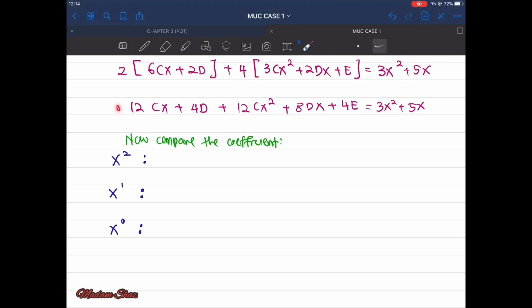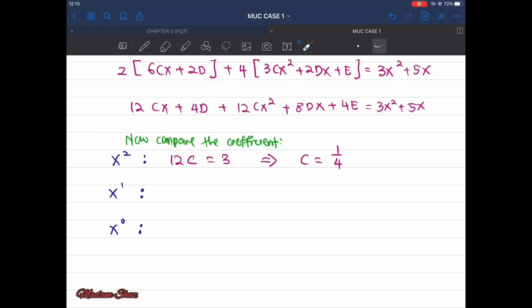So for x to the power of 2 from the left hand side, we have 12CX square, so we only write 12C. There is no more x to the power of 2. So 12C is equal to the x power 2 on your right hand side, which is 3. So therefore C is equal to 1 over 4.